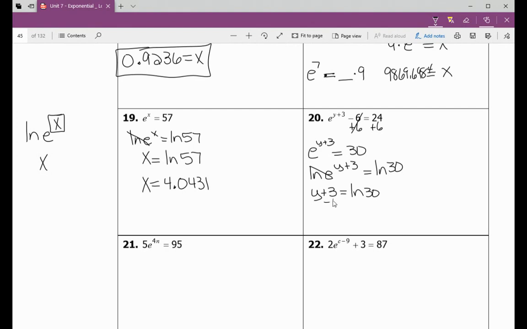And I'm going to subtract 3 from both sides. So y is equal to the natural log of 30, then subtract 3. And you should get 0.4012.